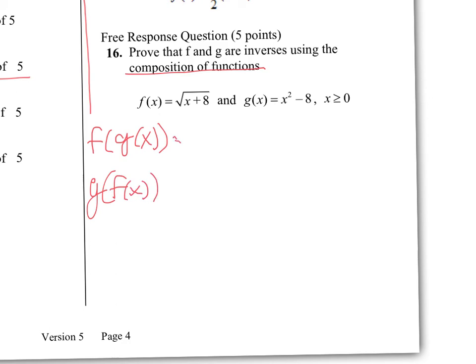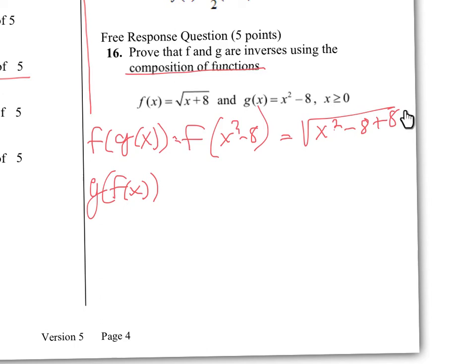So f of g of x is f of x squared minus 8, which is the square root of x squared minus 8 plus 8.